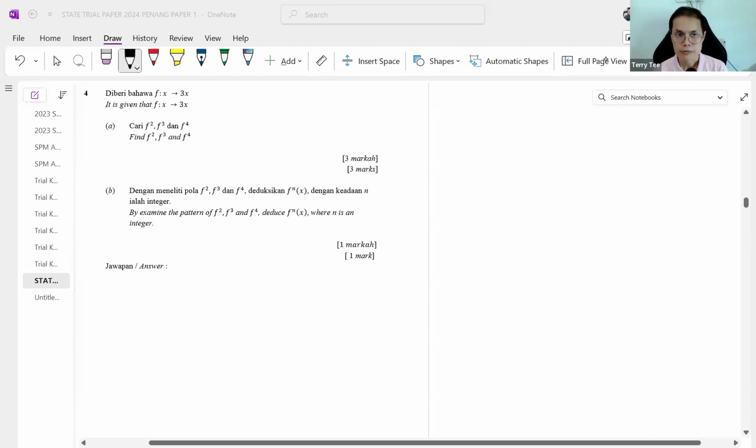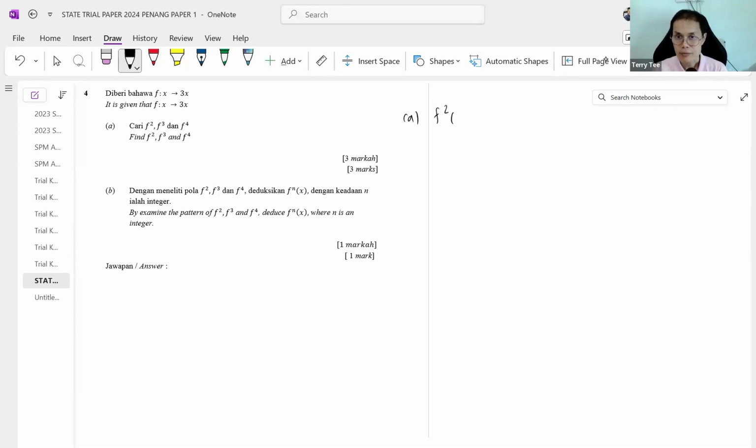Okay, question number 4. This is from Form 4, Chapter 1, Function. You are given that f(x) equals 3x. You're supposed to find f2(x), f3(x), f4(x). So let's begin by finding f2(x). Remember, this is called an iterative function or repeated function.